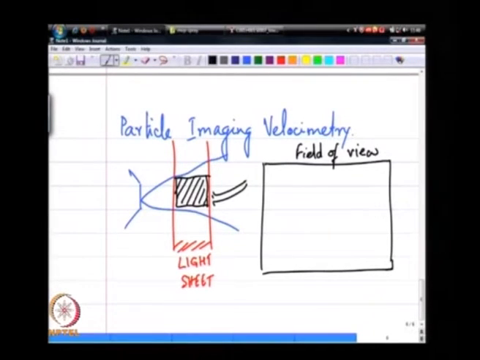Typically, on a camera used for these kinds of applications, we want the depth of field to be very small. In fact, there is no need to see drops that are outside the liquid sheet. All I want is the depth of focus of this imaging system to be approximately equal to the thickness of the light sheet.